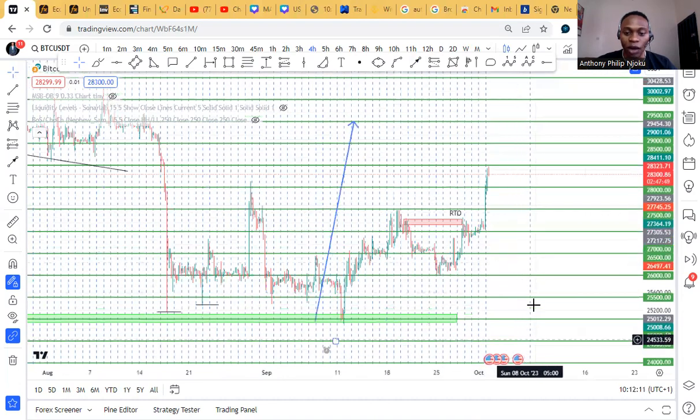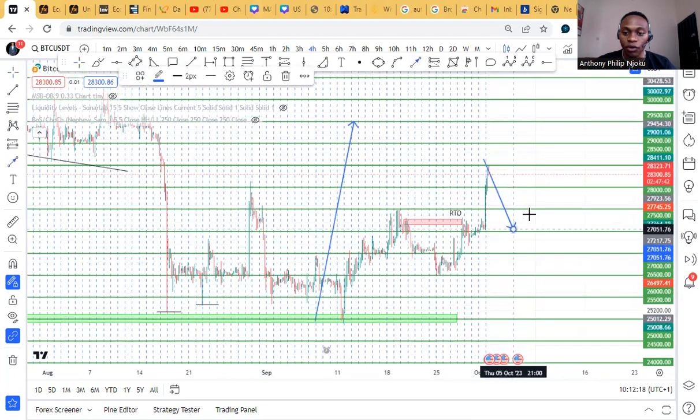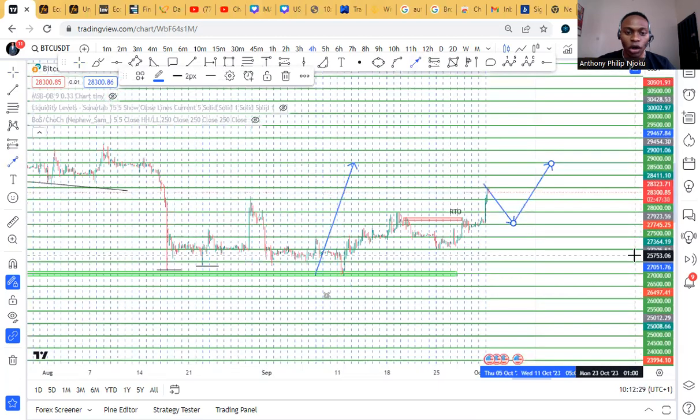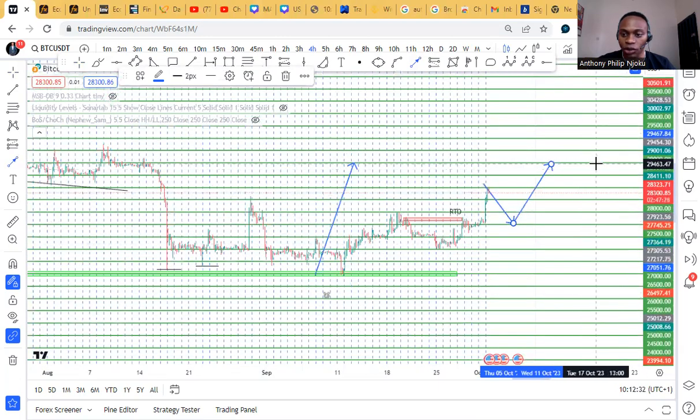But for now, I still see more pressure of a downward push, a corrective structure, for more push to the upside on Bitcoin. Just like I told you guys, as soon as it taps this level, you can see I forecast it, there's something to move to the upside, up to the $29,500 per coin price.